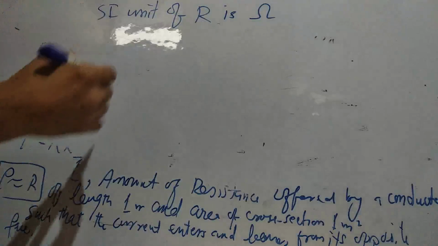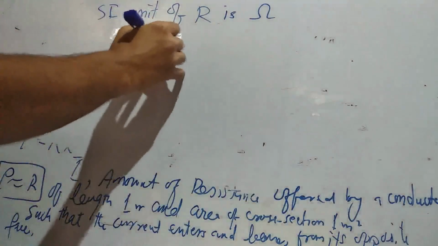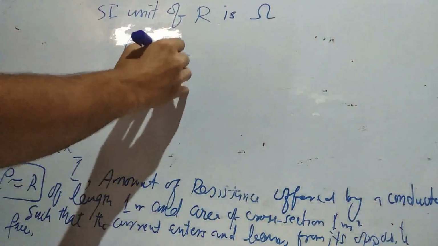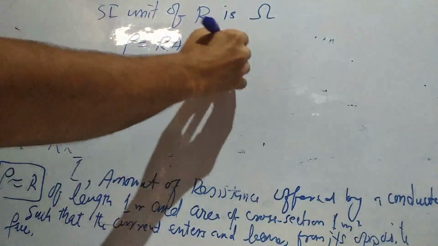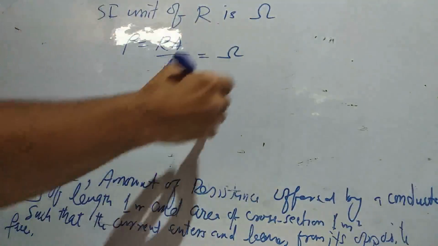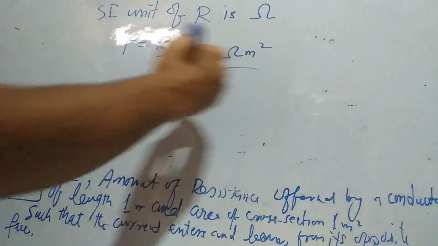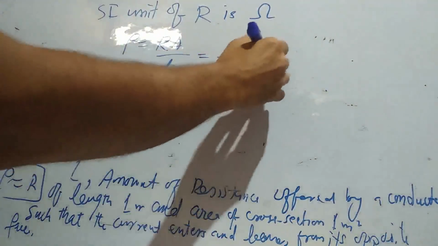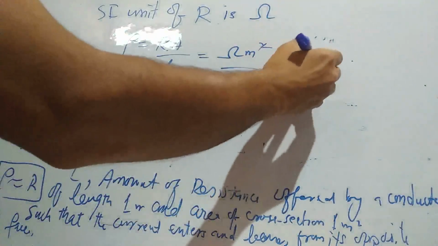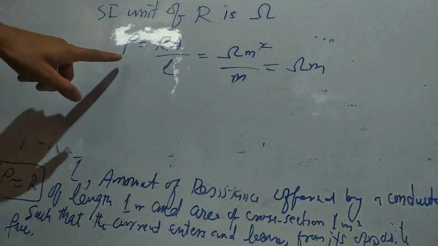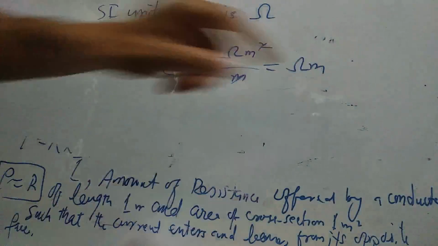From the definition, rho is equal to RA divided by L. The SI unit of R is ohm, the SI unit of area is meter square, and the SI unit of length is meter. So one meter cancels out, and the SI unit of resistivity is ohm meter.